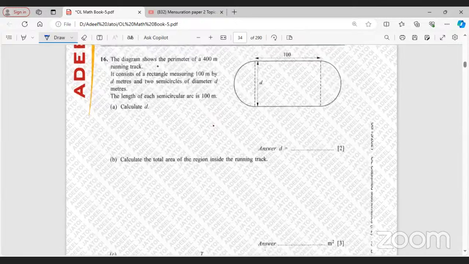Part A and part B. Okay, question number 16.